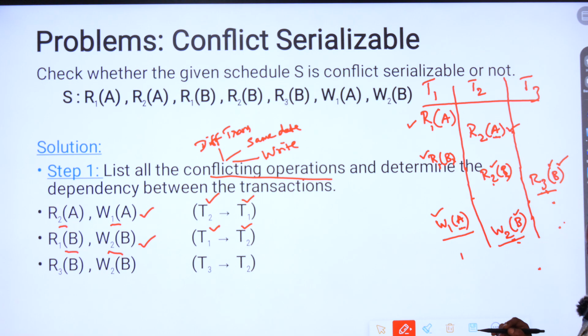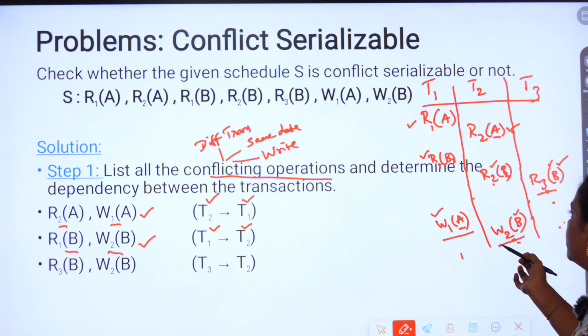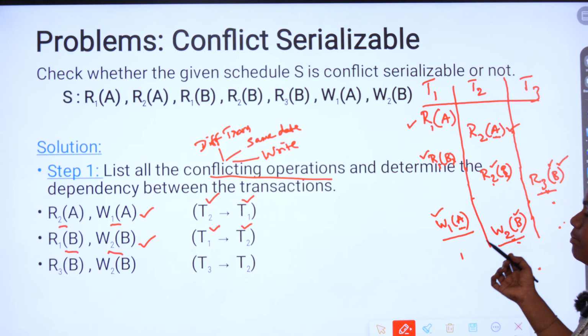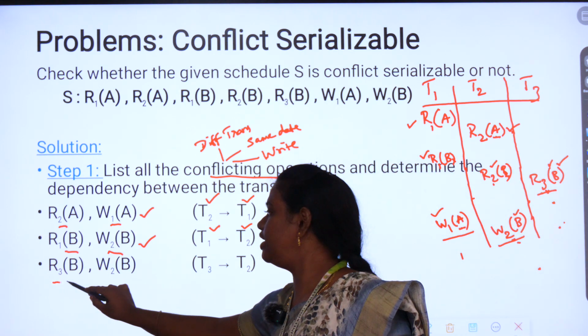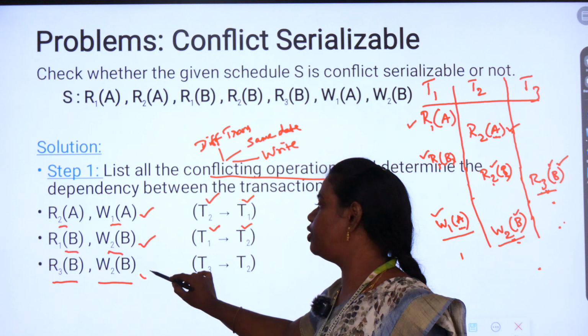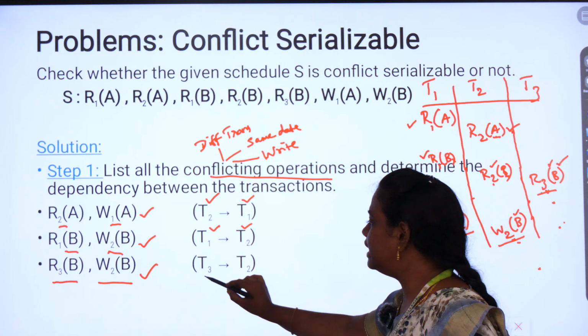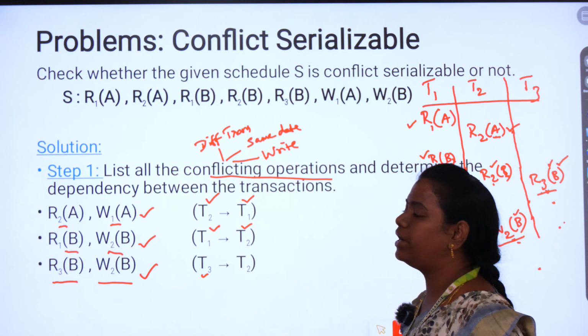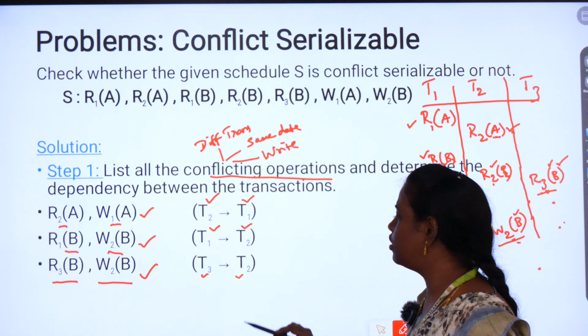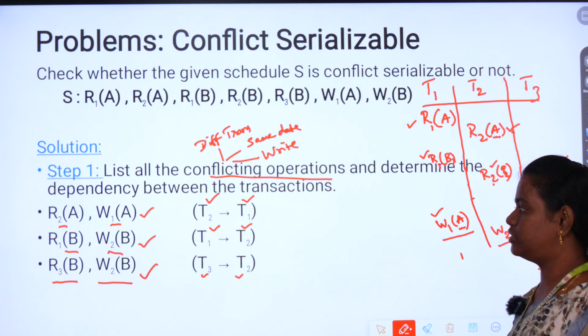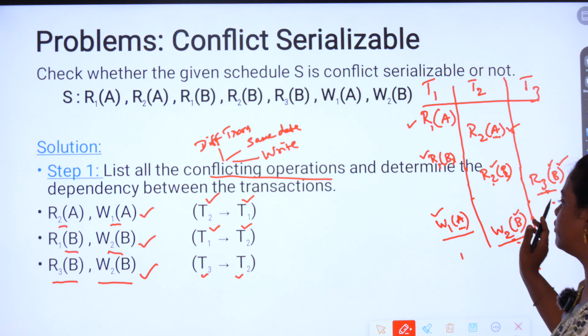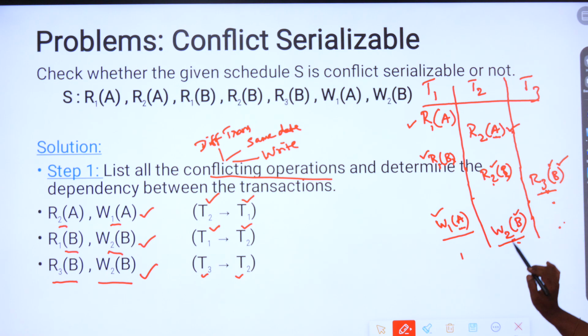Both are operations on B. Here one is a write operation, so definitely there is a conflict. So R3 of B definitely has a conflict with W2 of B. That implies after completing T3, only then can we complete the T2 operations. Okay, that's all. Now we have checked R3 of B.